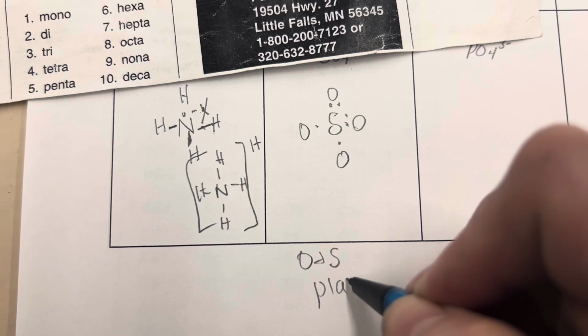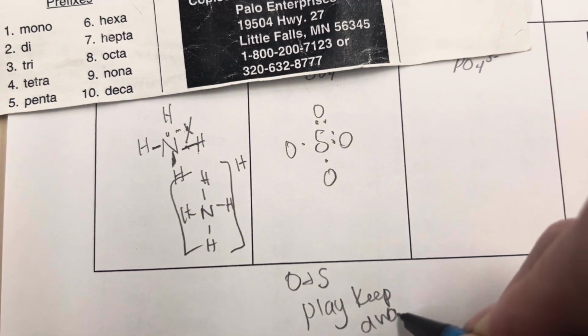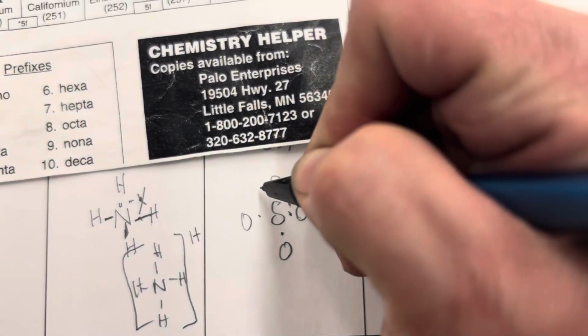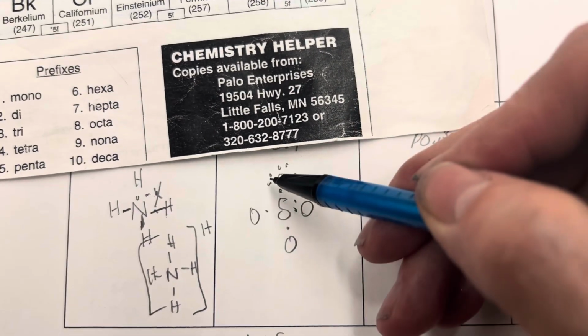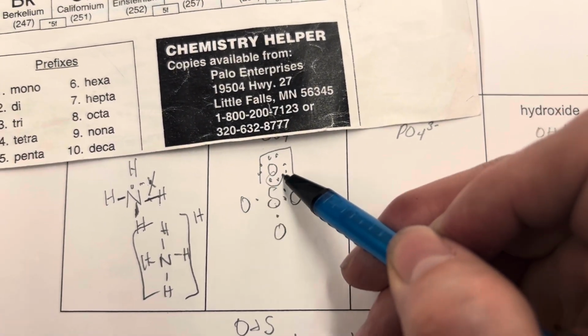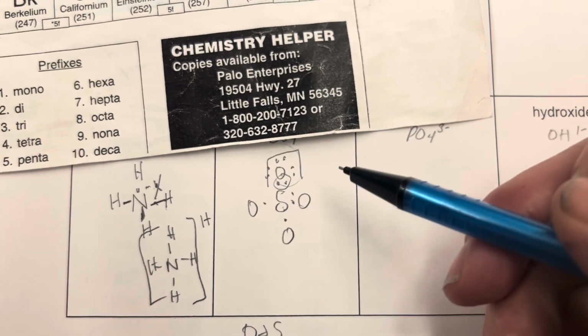They like to play a game called play keep away. You're right, they don't want to share. So oxygen's 6 electrons are going to say to the sulfur, I'm going to keep my 6 electrons to myself and I'm not going to share. The sulfur says that's okay because I'm already sharing 2 with you anyway, and now my oxygen has 8.